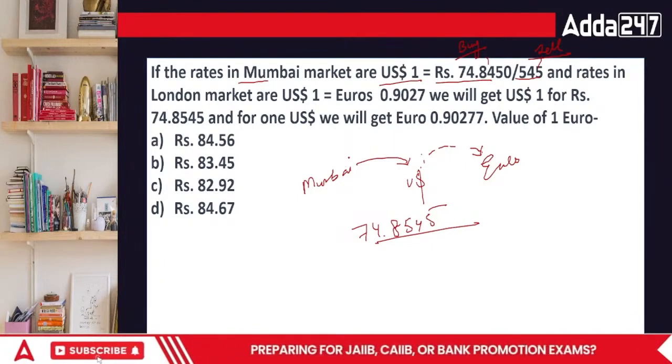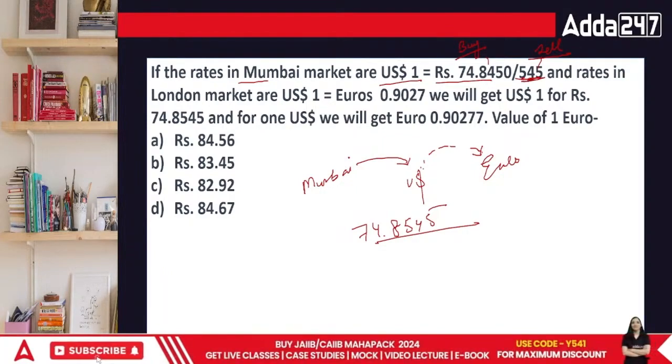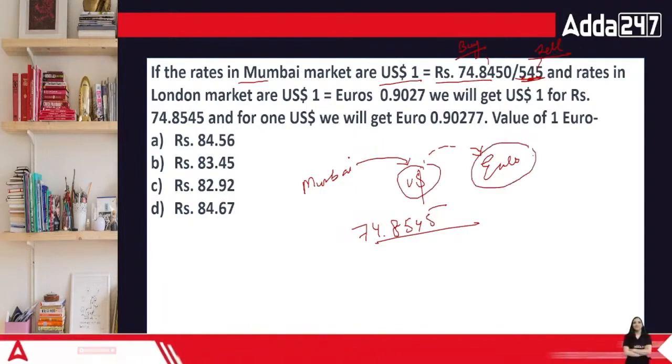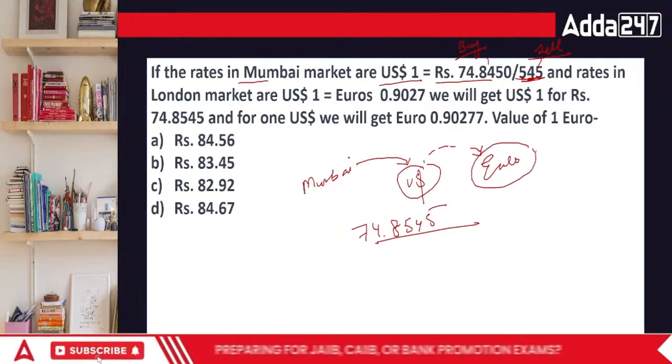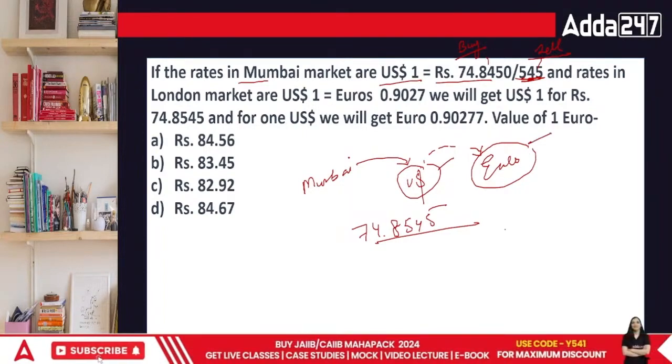First of all, from Mumbai to US dollars, you're going to sell US dollars and then ultimately you will buy euro. This is what you're going to do. You will have to sell dollars and buy euro.